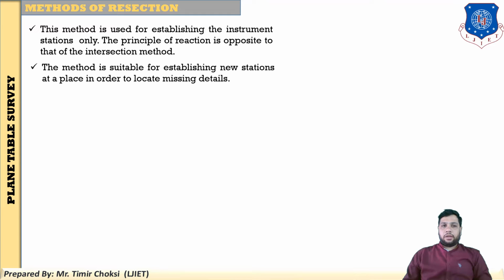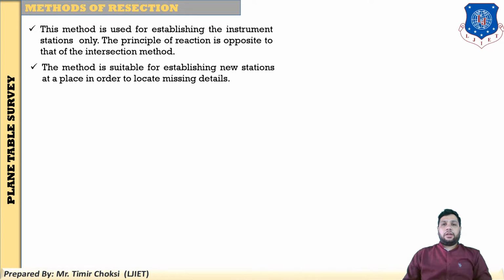So first, the method of resection. What is the definition of this method, and when do we apply it? You know that there are different types of field conditions, and the methods of plane tabling depend on them. When all the objects are commanded from one station, you use radiation. When some points are not measurable, you use the intersection method.